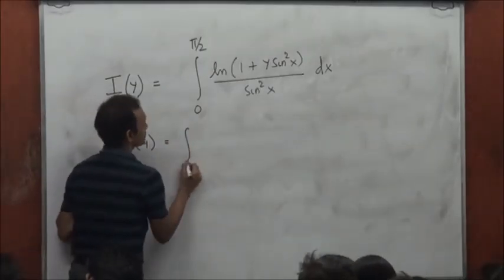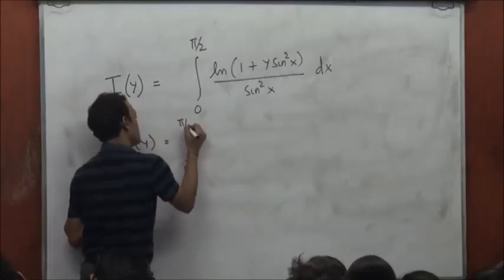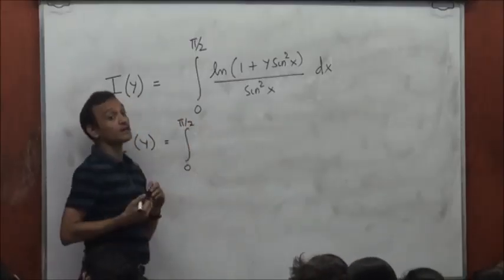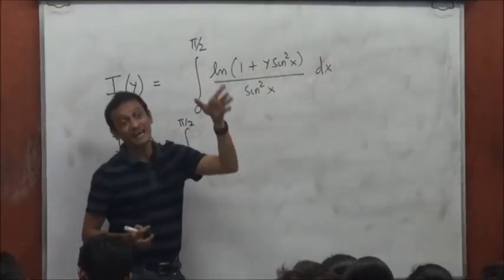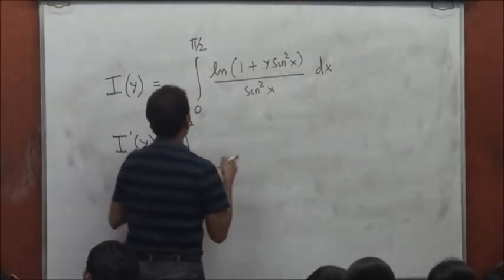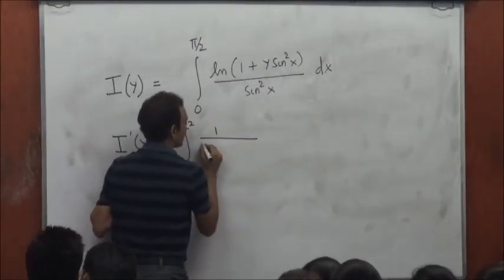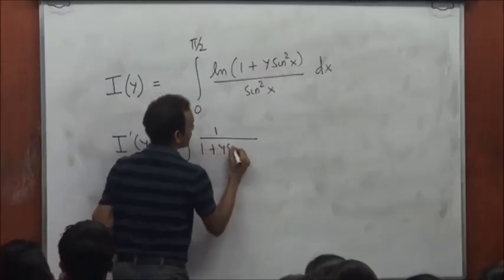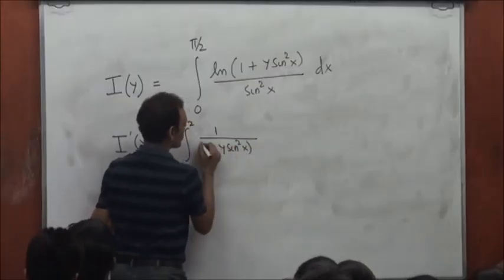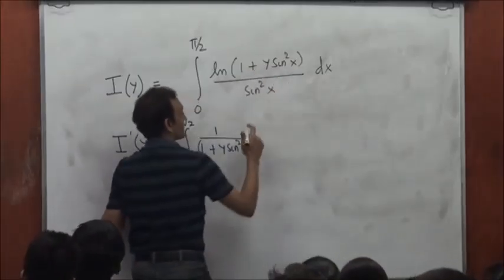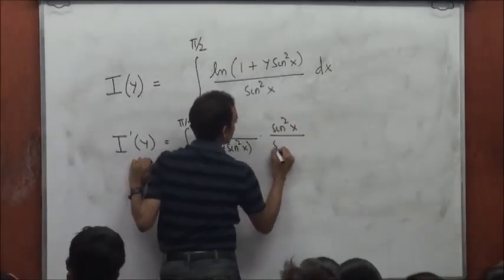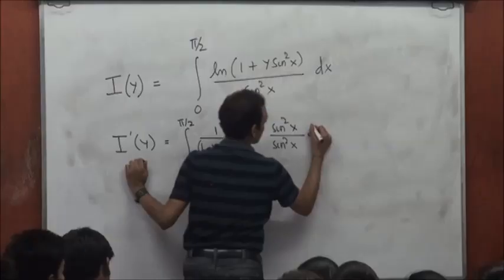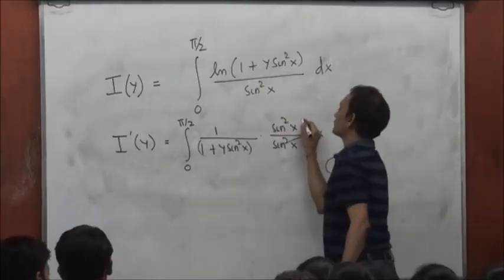Three terms in it. The second and the third terms would be 0 because the lower and upper limits are constant. Differentiate this with respect to y, keeping x constant. So then you get 1 by 1 plus y sine square x, times sine squared x. Yes or no?